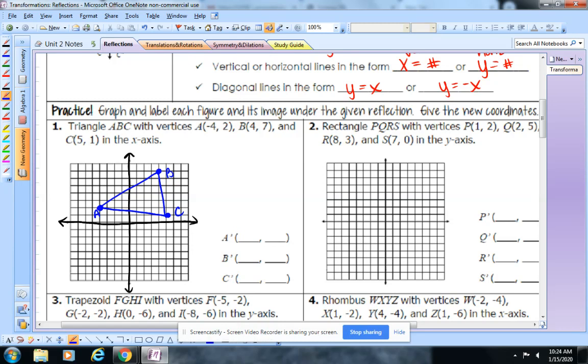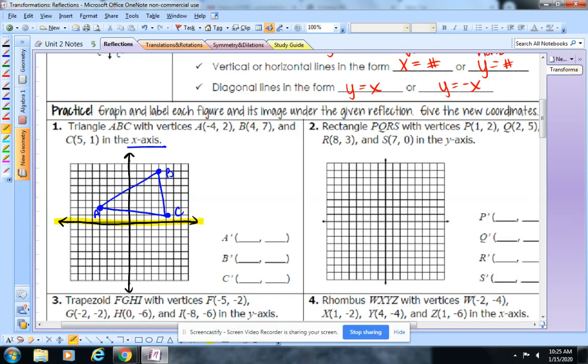All right? So it says to reflect it in the x-axis. Well, this is the x-axis, isn't it? So that is the line of reflection. I'm going to go over that with a highlighter or something. So that is my line of reflection. Okay?